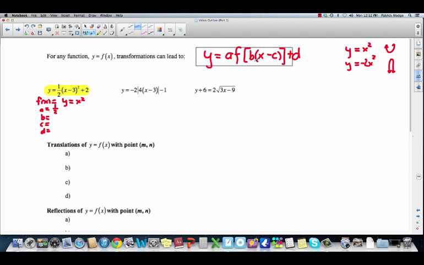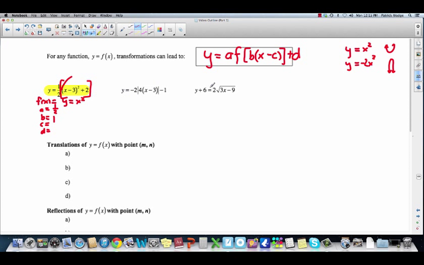The b value is in front of the x. So the b value in this case is just 1. If we put it in this form, we would have a square bracket here, and the b value is found right in front of that bracket. What number is there? There's no number there, which means it is a 1.